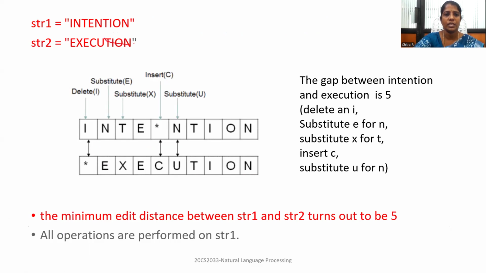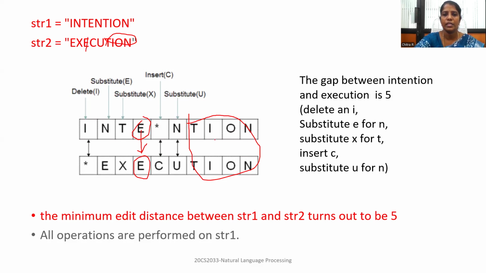I have aligned TION here, and in intention, the E in INTE and the E in execution are common, so I have aligned this E with this E also. For the remaining positions, leave a space or insert values. So this is the intention and this is the execution.